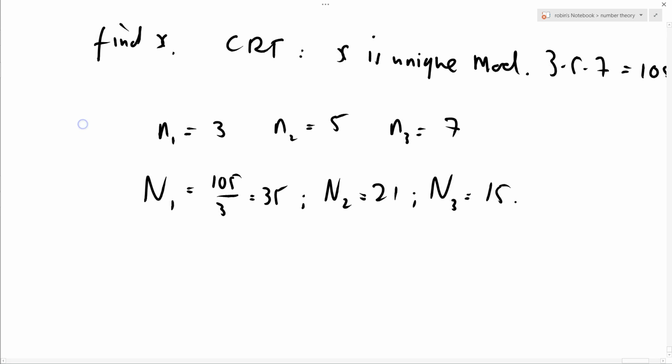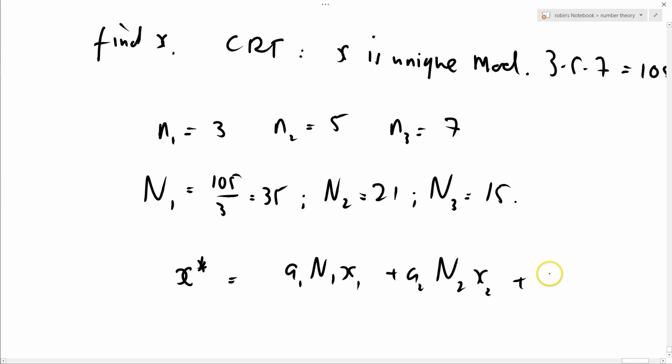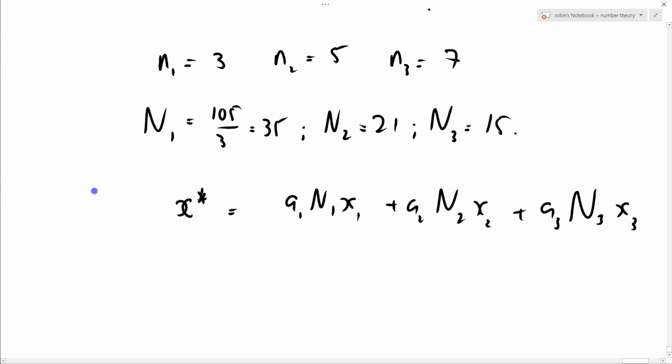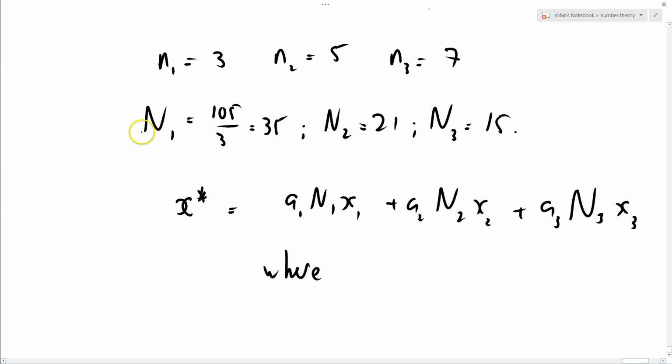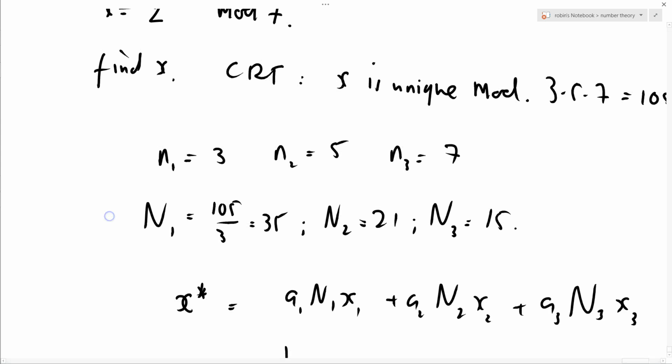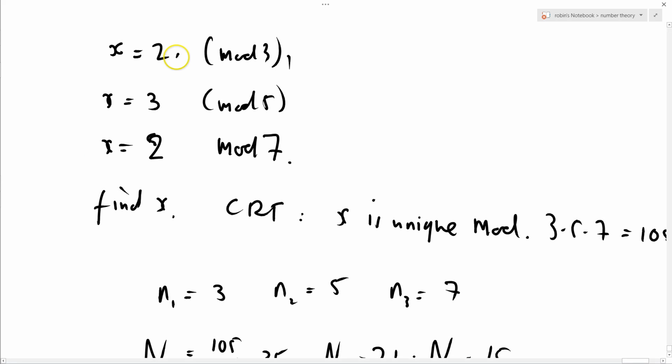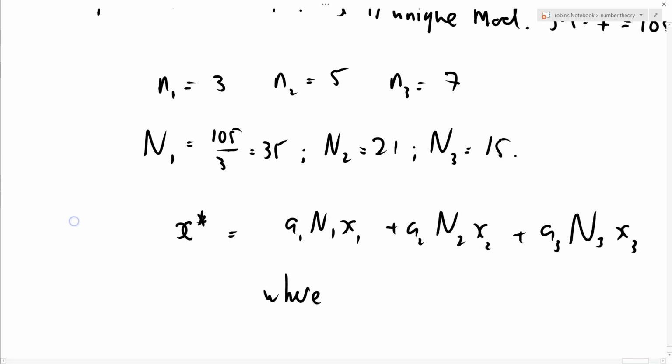So you'll remember that we're going to form our solution x star, which in this case, because we've only got three congruences, is a1 N1 x1 plus a2 N2 x2 plus a3 N3 x3, where the N's are here, the a's are given in the question. There they are, 2, 3 and 2. Those are the a's.